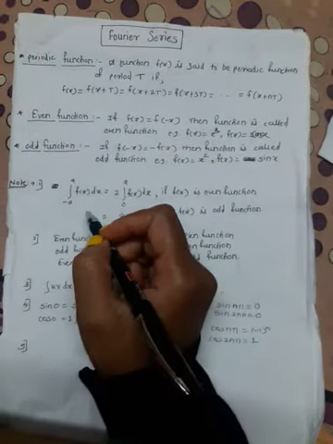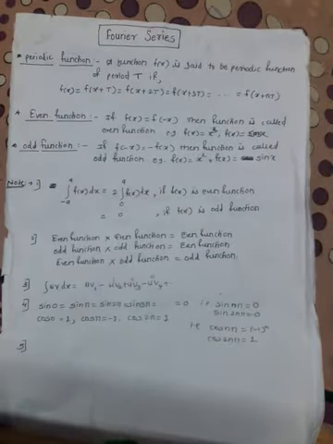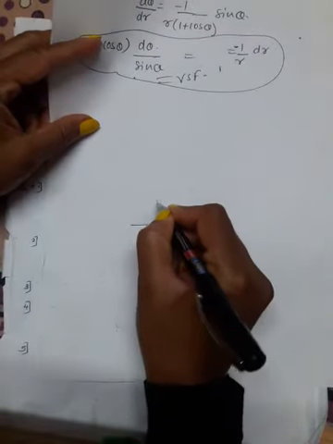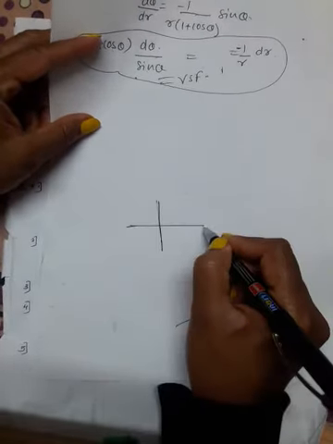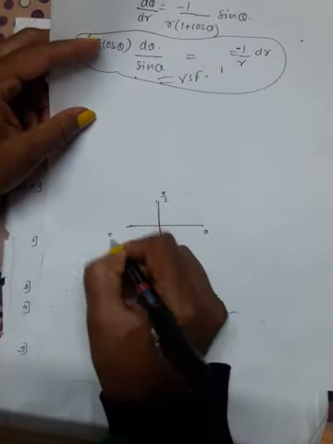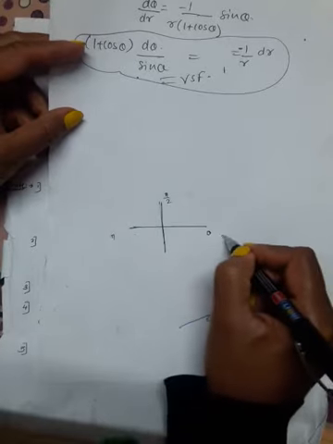Okay, for example, this is the x and y axis. This is 0 degrees, this is 90 degrees, pi by 2. This is pi. Again, this is 2 pi.